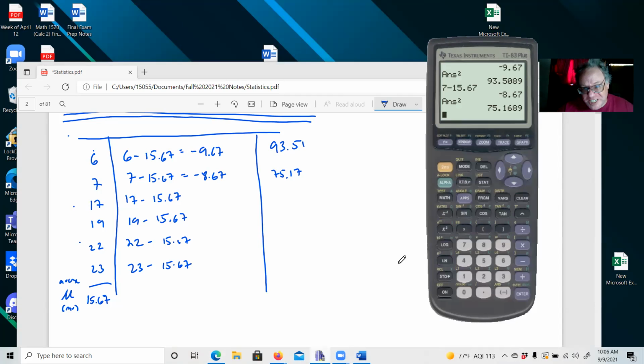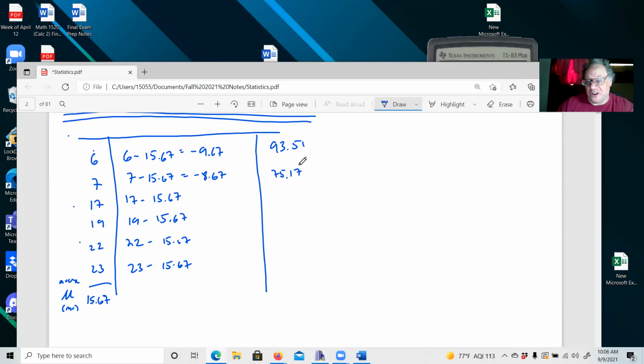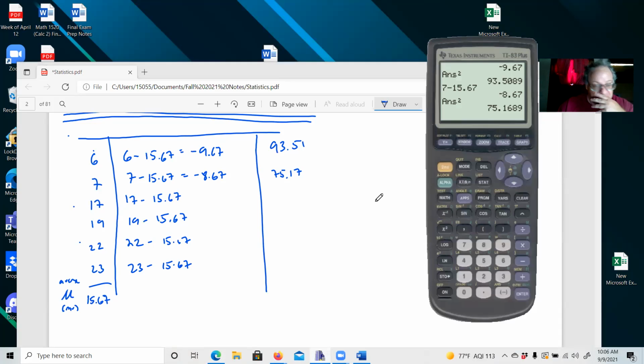I just want you to appreciate that living in the 21st century means we have calculators. If you had a high school class in the 80s and had to do statistics, they said no, you don't get to use a calculator, you get to do this all by hand. Trust me, it's delightful.